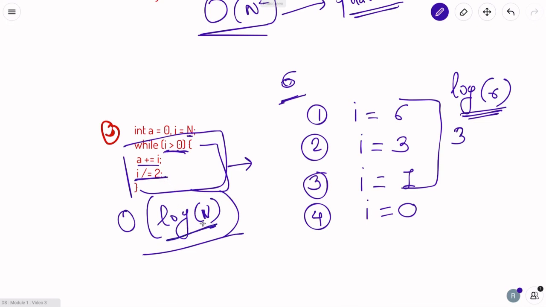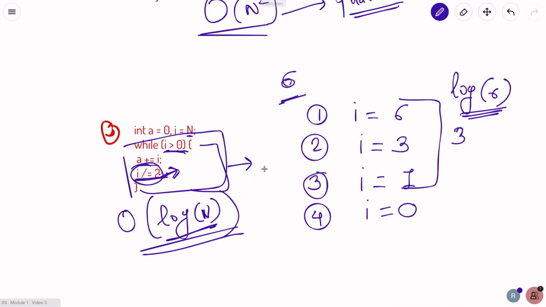Even in this case, i is getting divided by 2 in each and every step. That's why the problem size is decreasing logarithmically, and the running time of this program is big O of log of n.